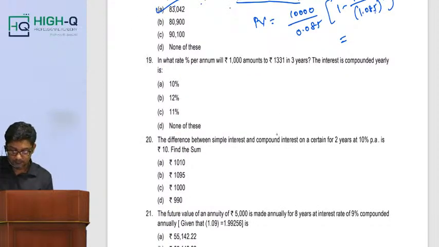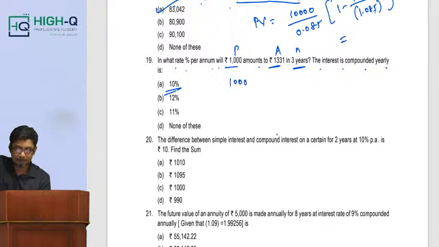Now, at what rate percent per annum will 1,000 rupees amount to 1331 in 3 years, the interest compounded yearly? They ask you to find the rate of interest. This is my principal, this is my amount, and this is my number of years. Simply what you do, sir, I'll take the trial and error method. First option is 10%.